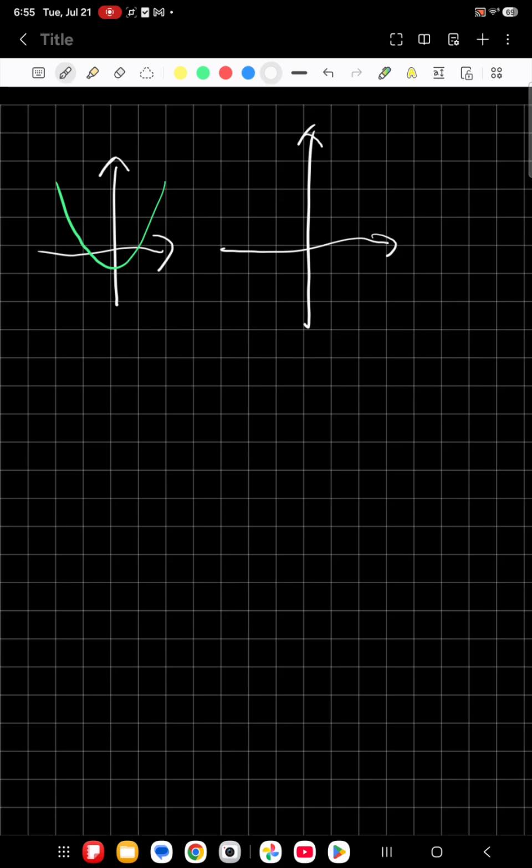This one would have an absolute maximum. Usually I'm also given the interval, from here to there. And our task in this section was to find those lowest and highest values of a function.